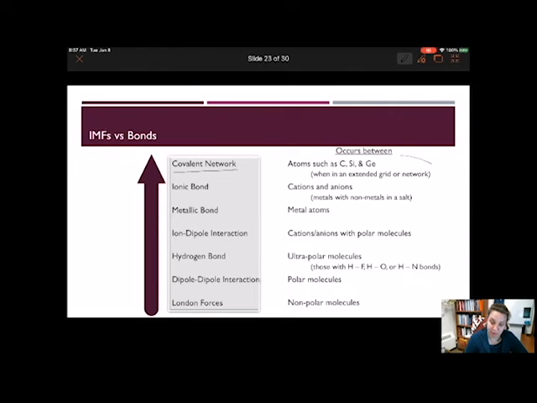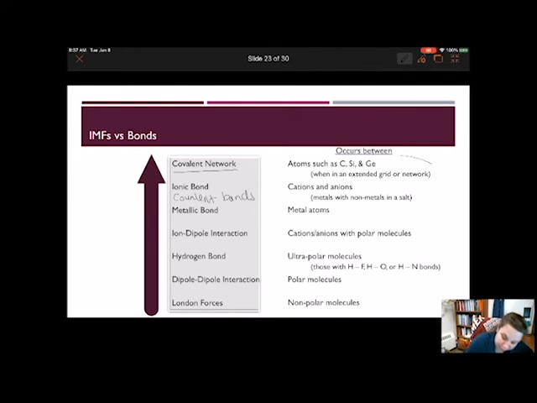And then we have ionic bonds, and then under here we have our covalent bonds. And then our metallic bonds, then we have ion dipole, hydrogen bond, dipole-dipole, and then our London dispersion forces.